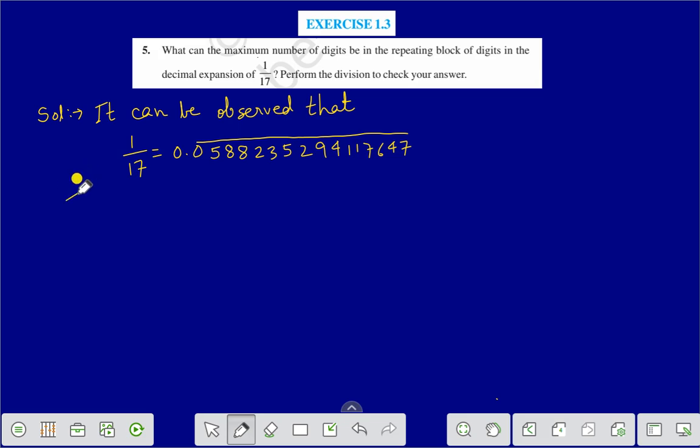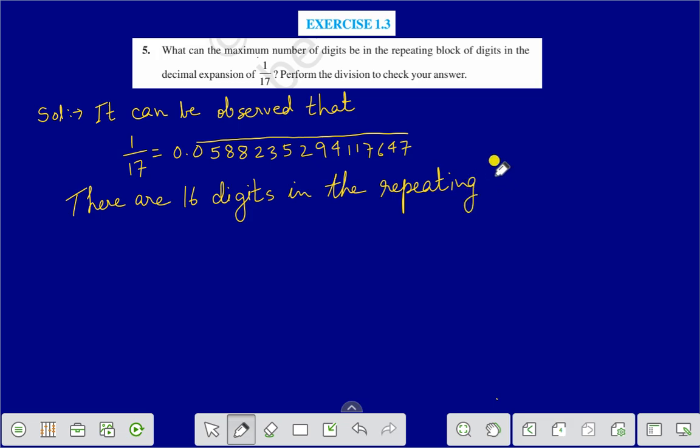That means there are 16 digits in the repeating block of the decimal expansion of 1 by 17.